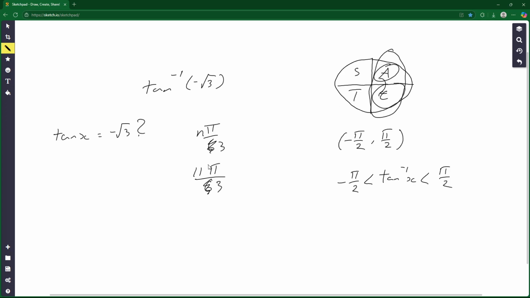What I generally like to do, since this is 11 pi over 3, is take another coterminal angle for this. X would just have to equal negative pi over 3. And that's really it.